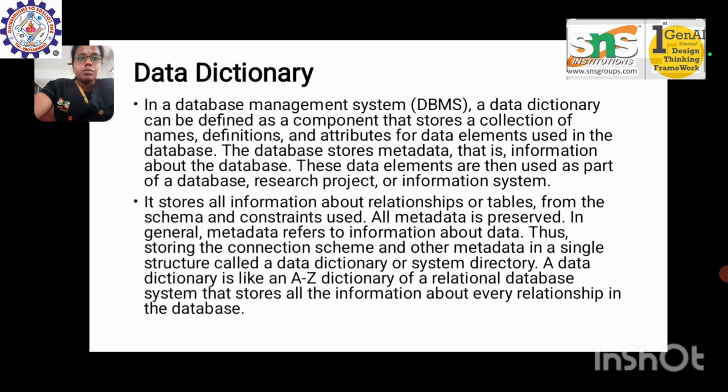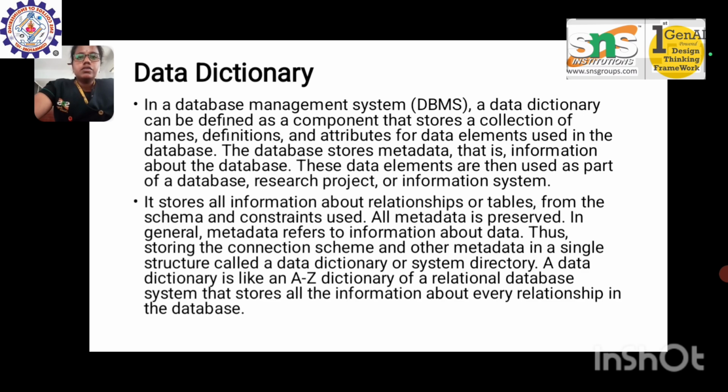The metadata preserves all that schema and those constraints. Metadata is also referred to as information about the database. So storing the connection between the schema and the other database in a single structure is called a data dictionary.